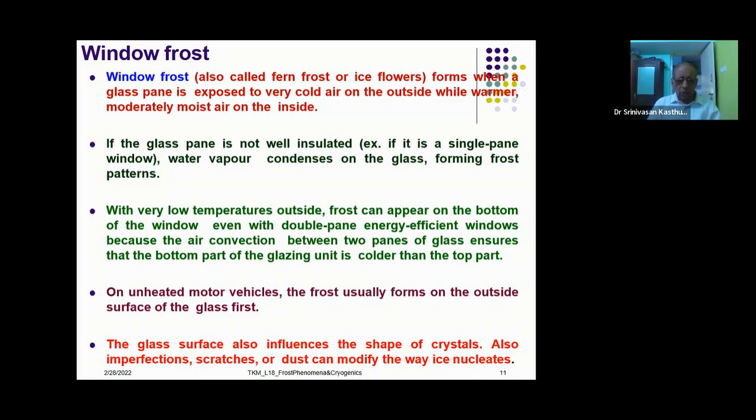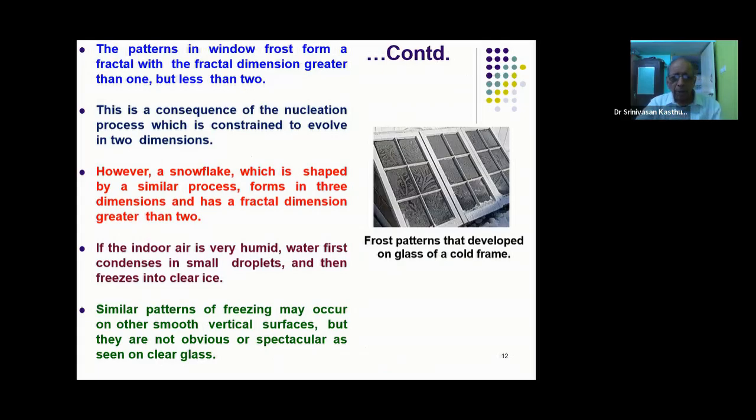The glass surface also influences the shape of the crystals; imperfections, scratches, etc. nucleate the ice crystal formation. For example, here you can see a window frost pattern occurring on the window.